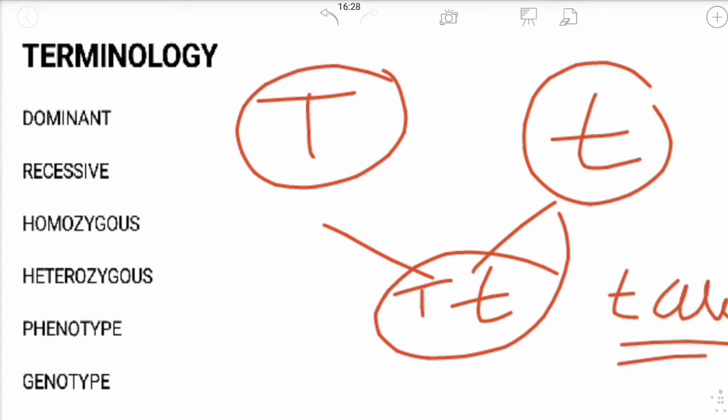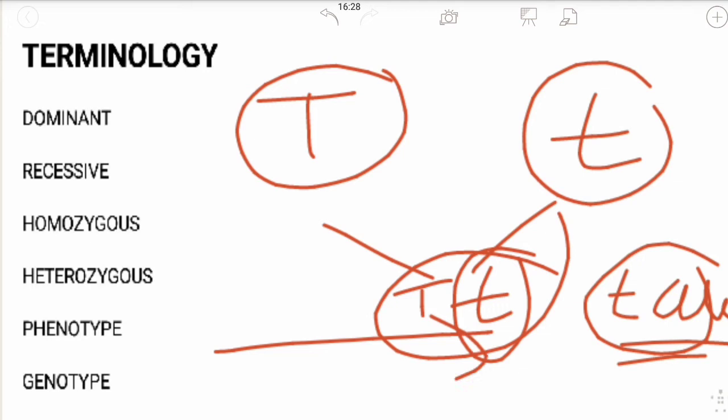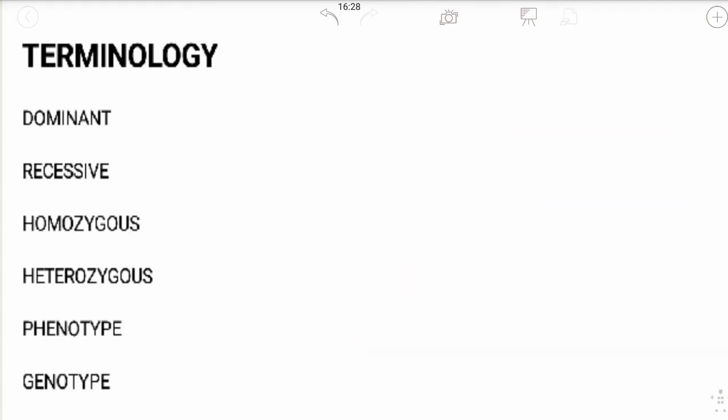Now think why the child formed is tall. This is because tall is dominant. Tall is dominant means it expresses itself, whereas short is recessive, means it is hiding itself. It is not expressing itself, whereas tall is expressing itself, so the tall character is found in the child.